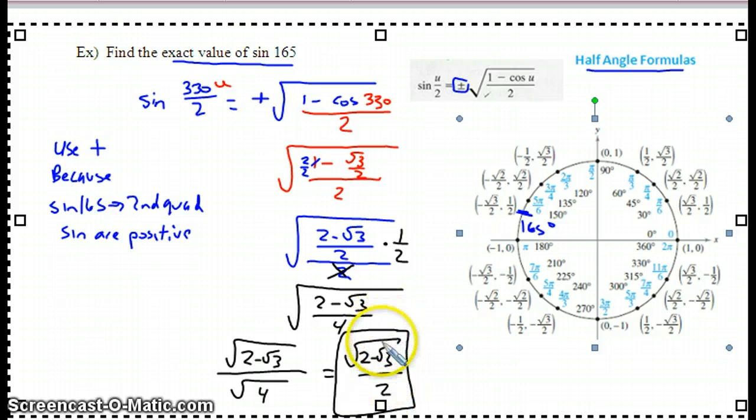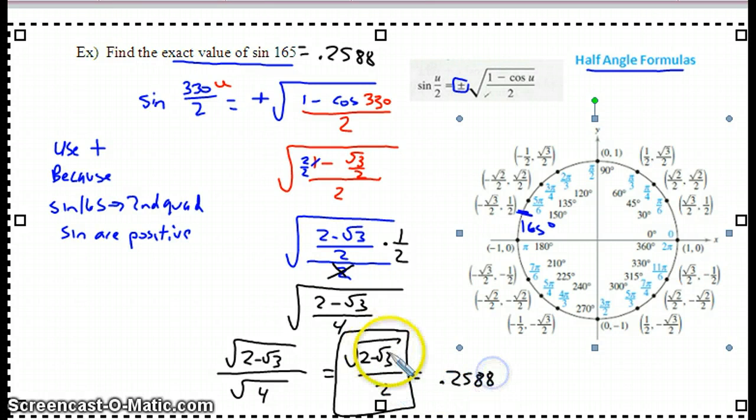Now, if I'm not sure if I've done this correctly, I'm going to take the time to plug this into my calculator, turn the calculator to degree mode, and type in the sine of 165. I know that the sine of 165 was 0.2588, and I'm going to type all of this in, and when I do that I get the same decimal.